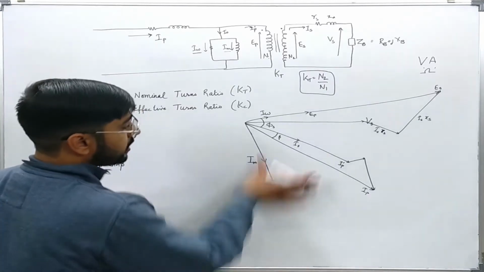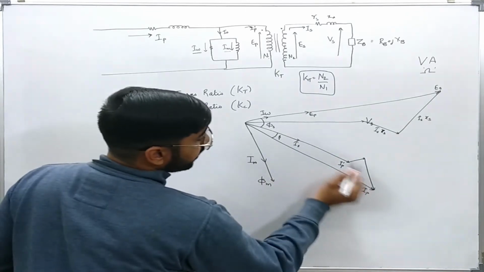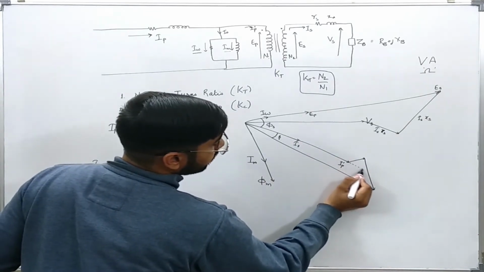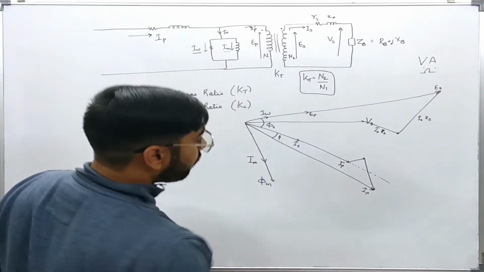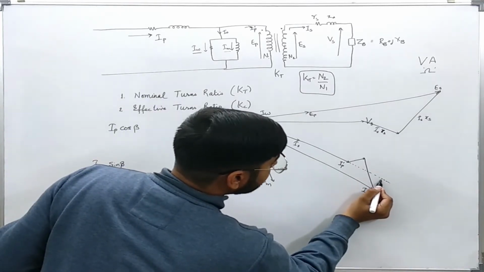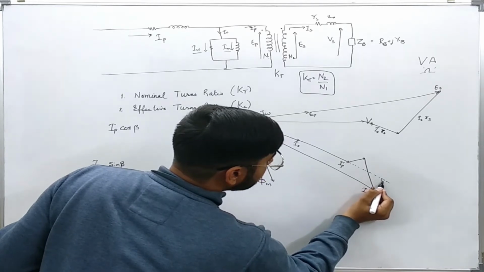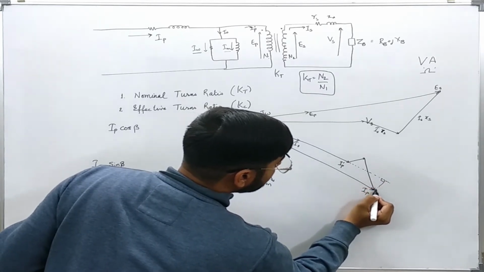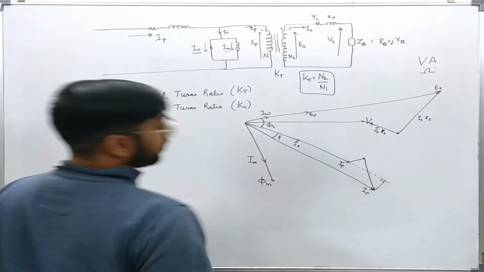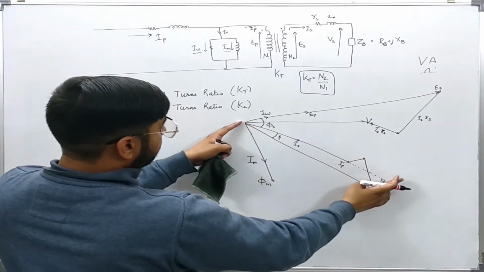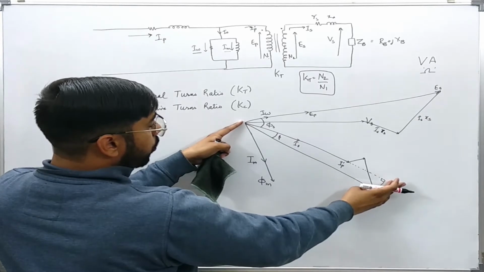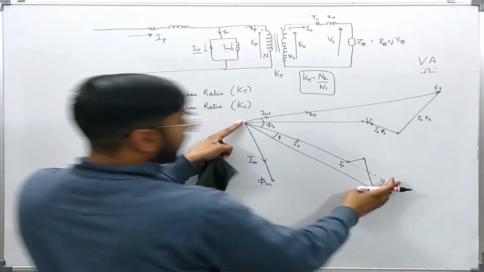Okay. So this is IP, and if I extend it further such that I have a right angle here, this length will be IP cos beta. What is it equal to?